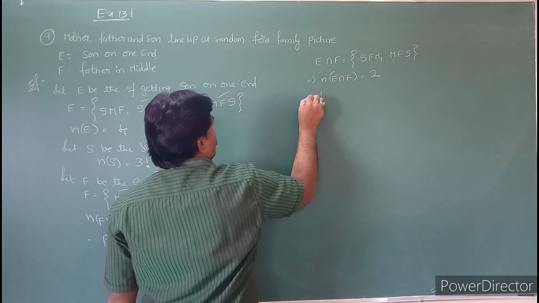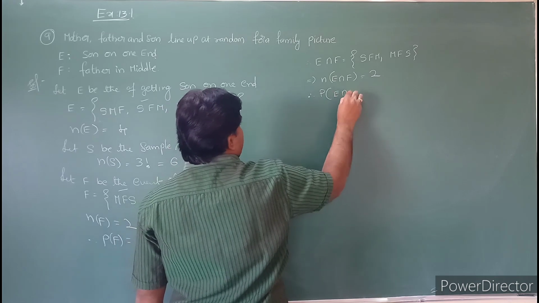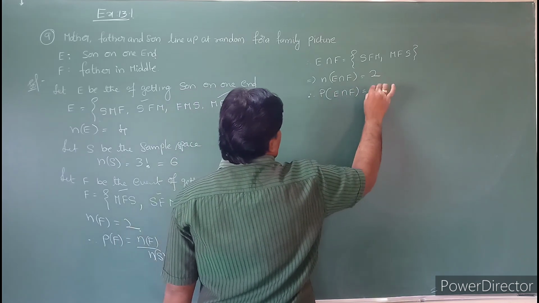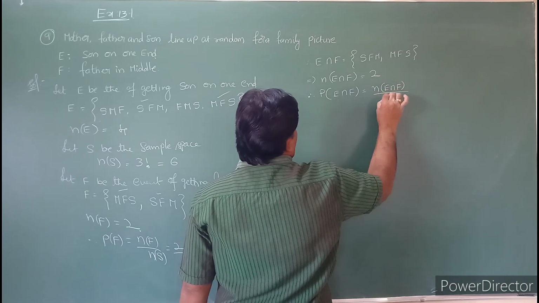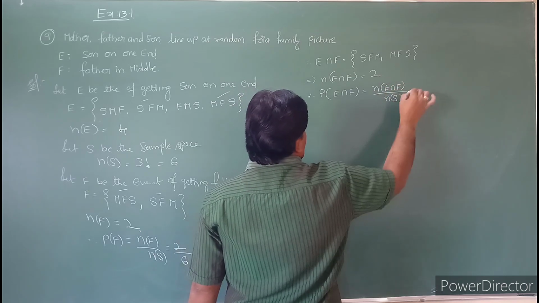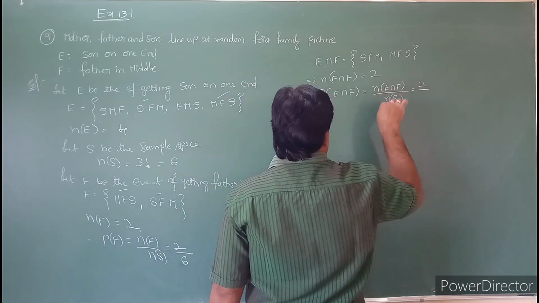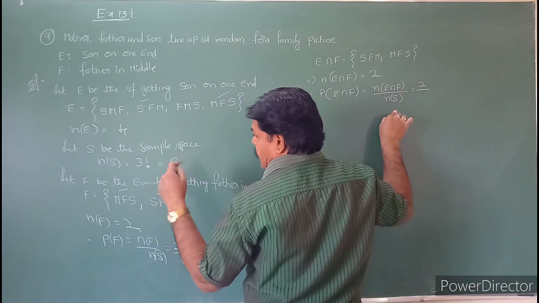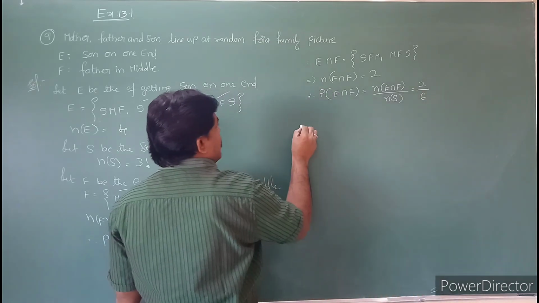So therefore probability of E intersection F is equal to n(E intersection F) by n(S), that is 2 by n(S) value, which is 6. So what is the question?